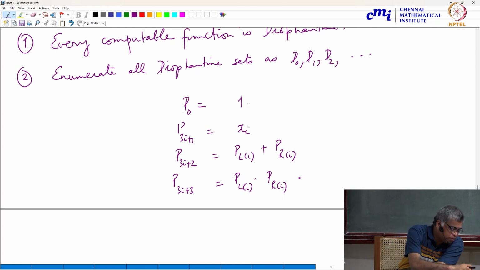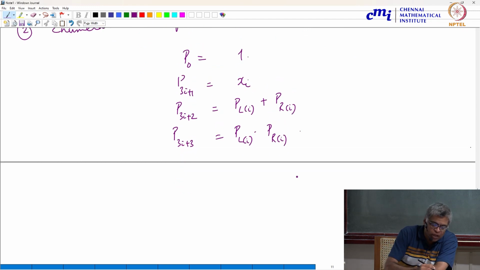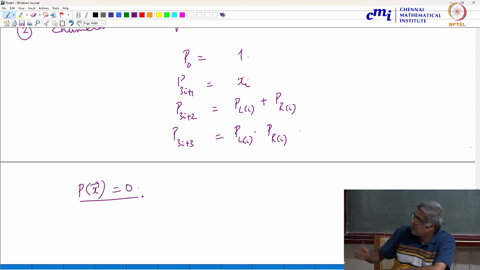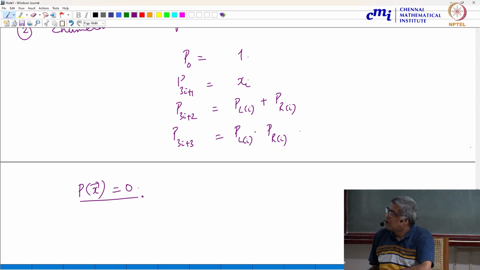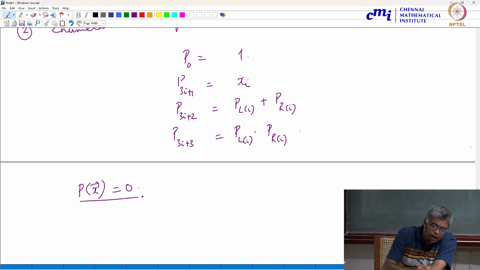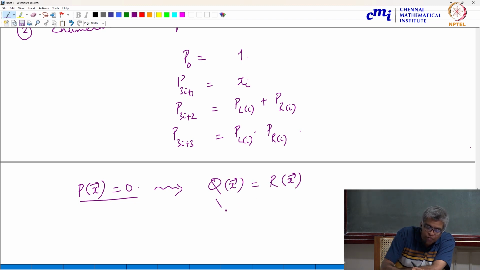And finally, what you want to say is that the set, so now if you have an arbitrary Diophantine equation like this, you can transform it as P = Q, where Q and R have only positive coefficients.